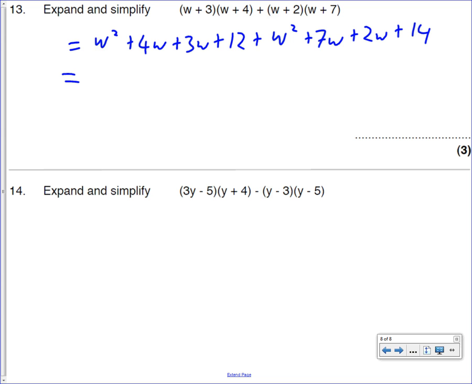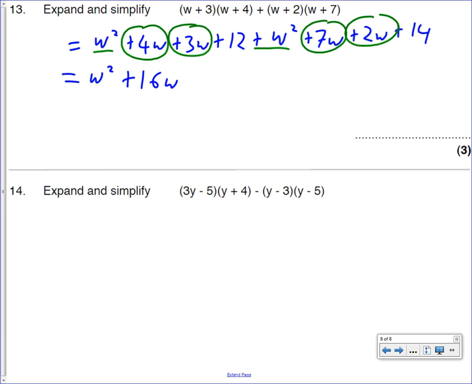To bring it all together, we've got 2 blocks of w squared, we've got 4, 7, 14, 16 lots of w. And then what we've got left, we've got plus 12 plus 14, this is plus 26.